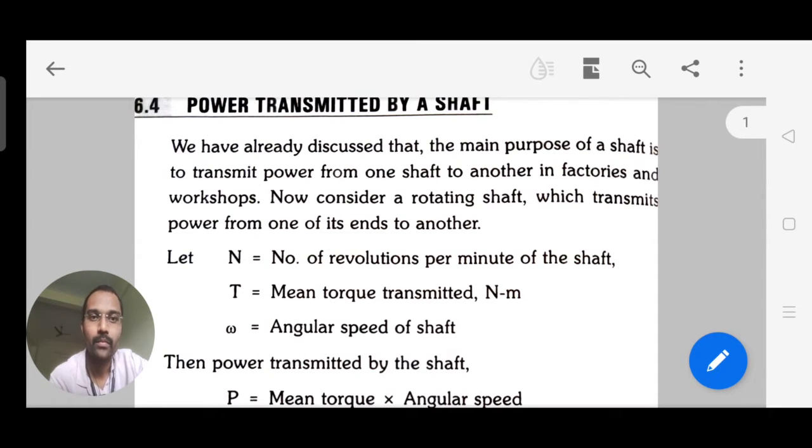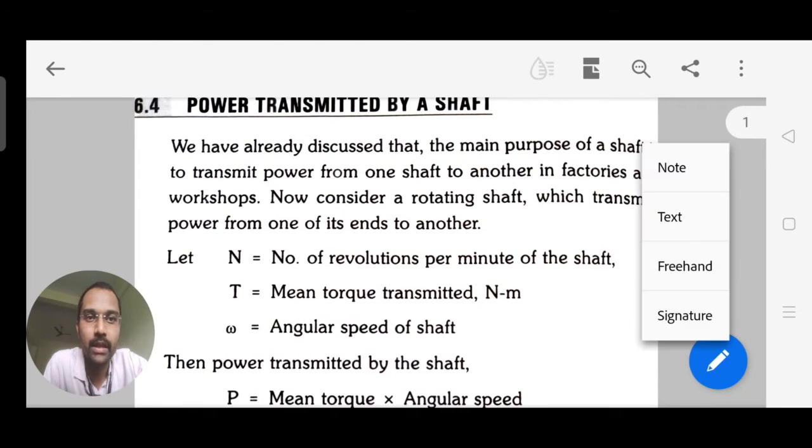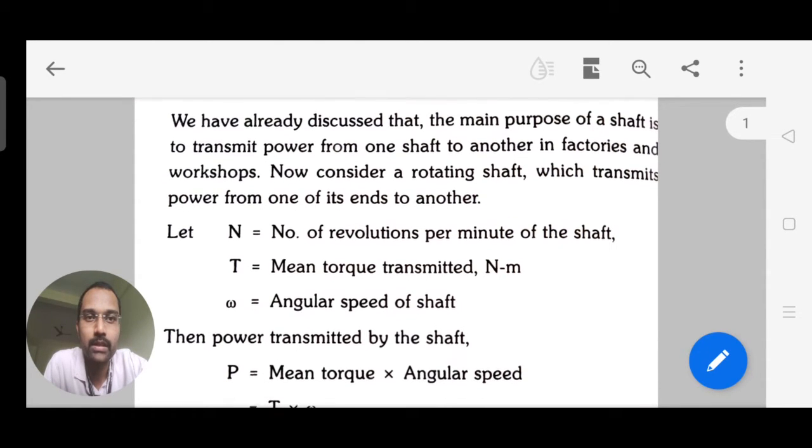For that, the terms you have to remember are these. For the shaft we are considering, how many revolutions it is making, we represent as N, the number of revolutions per minute of the shaft, where T is the mean torque transmitted.